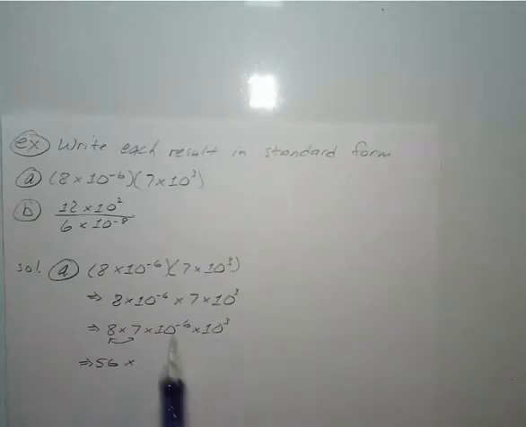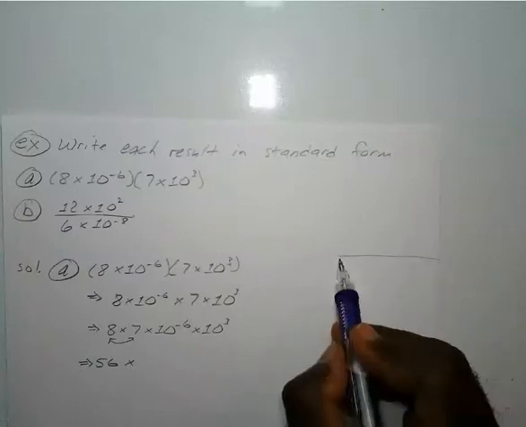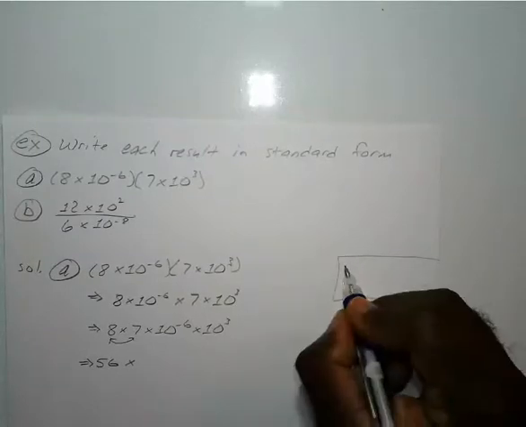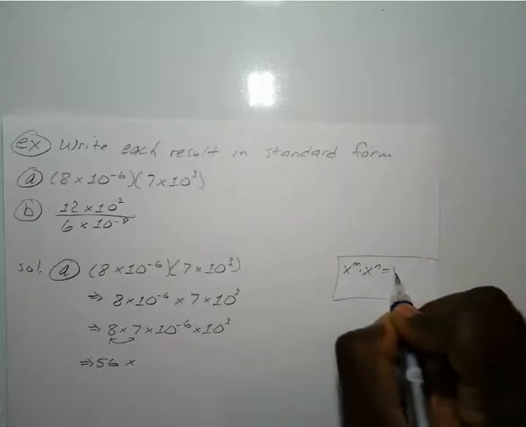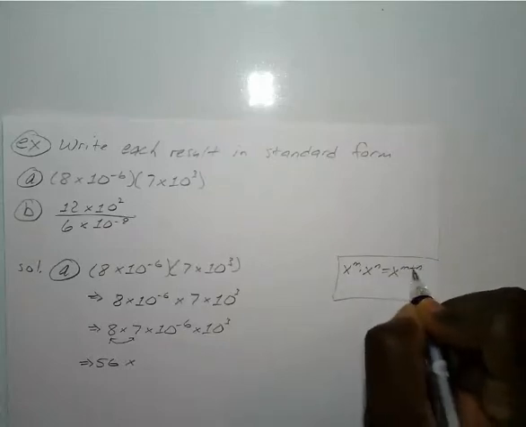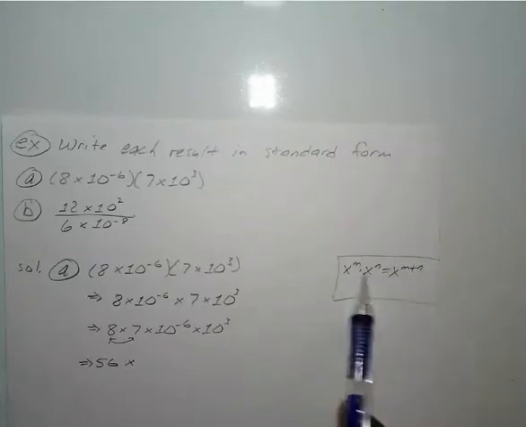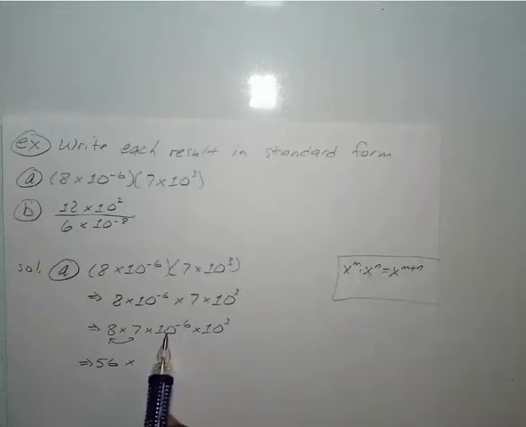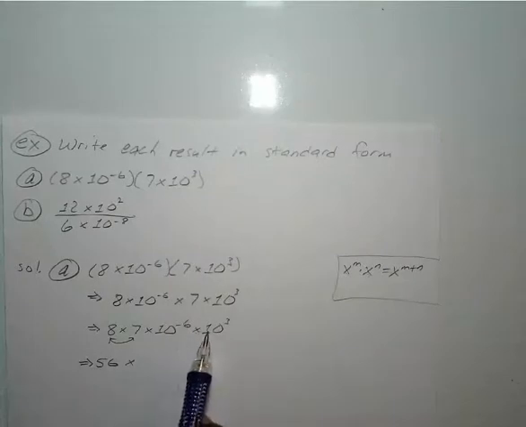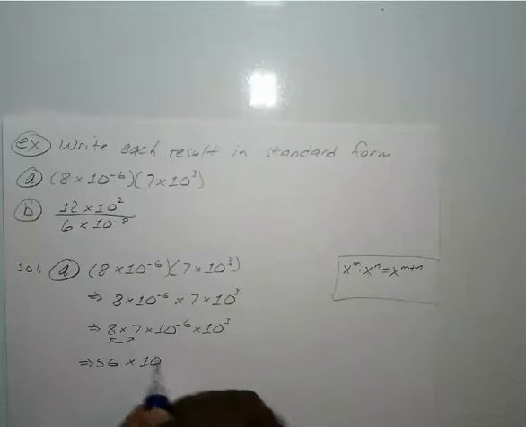times, if you remember, x to the m times x to the n equals x to the m plus n. So whenever we have the same base and we're multiplying two values with an exponent, we just add the exponents. So if we have 10 to the negative 6 times 10 to the third, that's just 10 to the negative 6 plus 3.